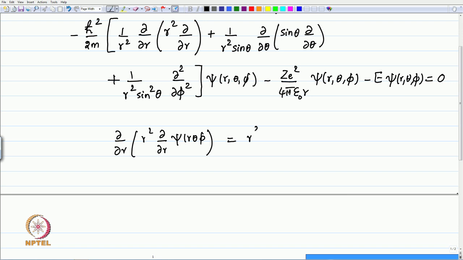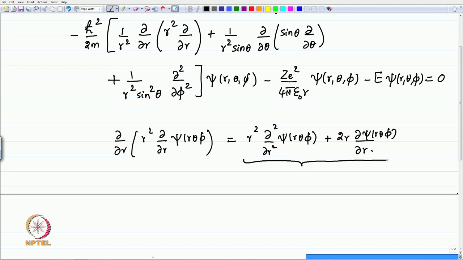Therefore you have r square dou square psi by dou r square, the partial derivative of psi with respect to r, and then the other term, namely 2r dou psi of r, theta, phi by dou r. That is what is meant by writing in a compact notation like this.